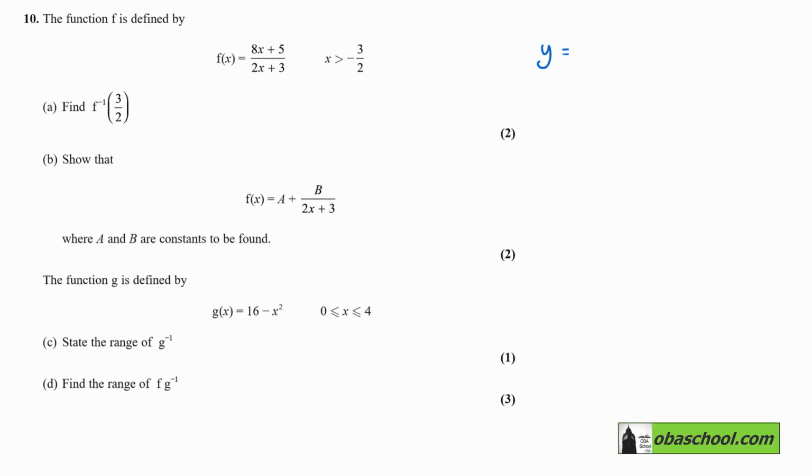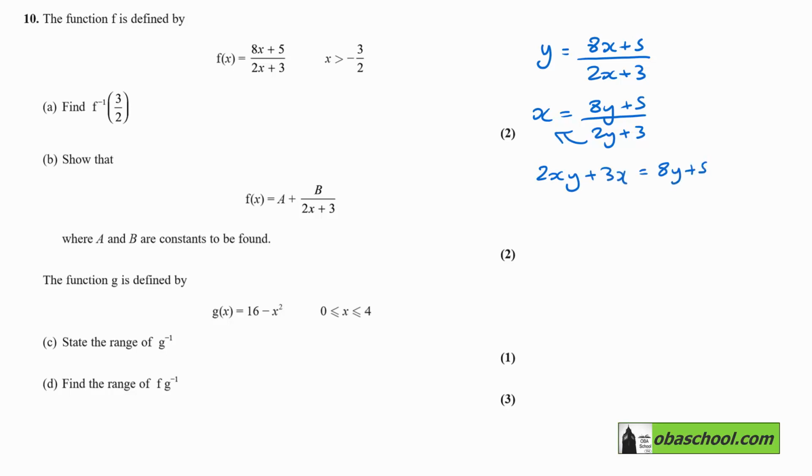So we could say y is (8x plus 5) over (2x plus 3). Then interchange x and y in the normal way when we're finding inverse functions. Now we want to make y the subject. So if we bring this up to the other side, we get 2xy plus 3x is equal to 8y plus 5.